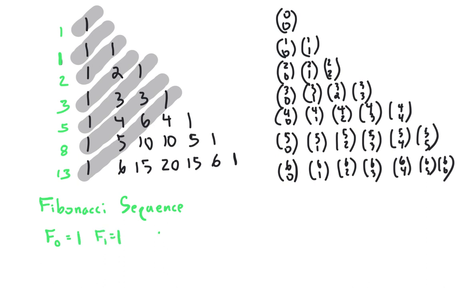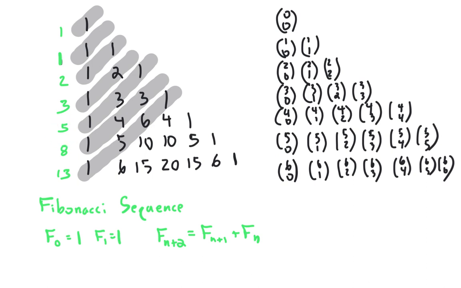And then we can generate any next element, let's call it Fn plus 2, by adding up the previous ones: Fn plus 1 plus Fn. So you can see what's going on here. We're defining F0 and F1. Then F2 is just F0 plus F1. 1 plus 1 is 2. F3 is 2 plus 1.